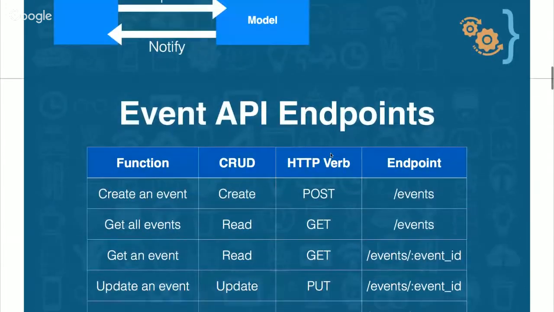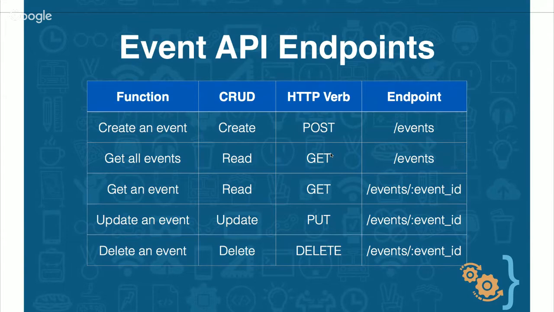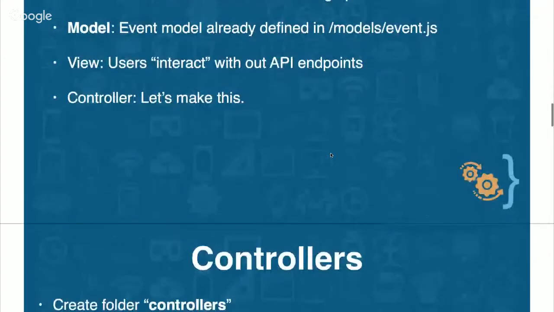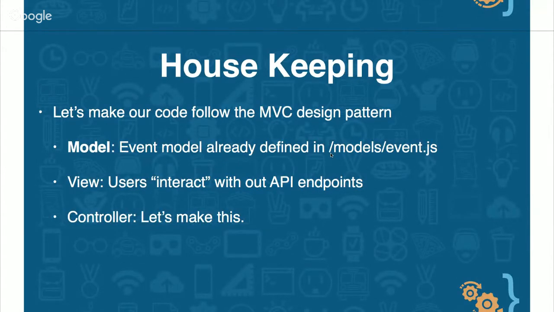Cool. To recap, we talked about our API endpoints. We see the HTTP verbs we're going to be doing. What's the function of each of these endpoints? And one thing we should do, I think, to move forward and make it very clear that we're using the MVC design is clean up our code base.